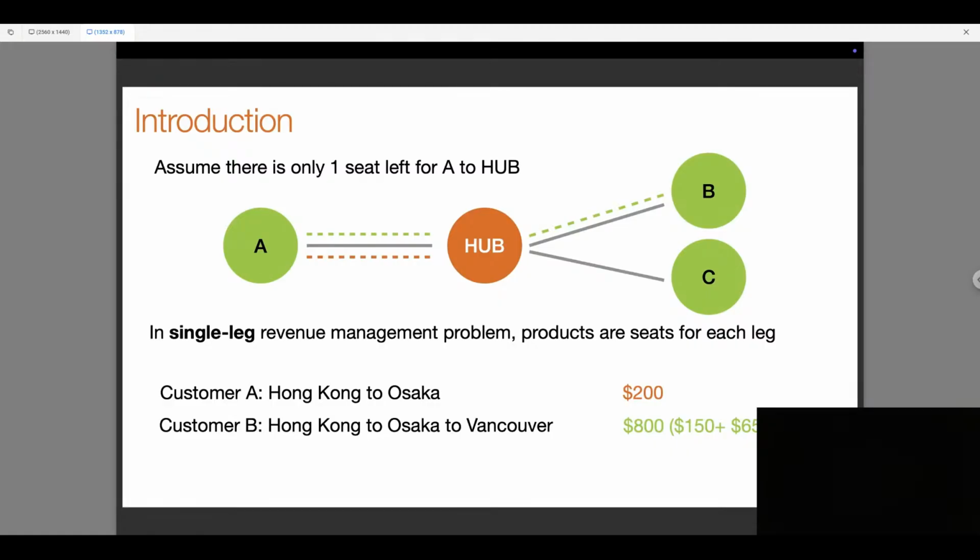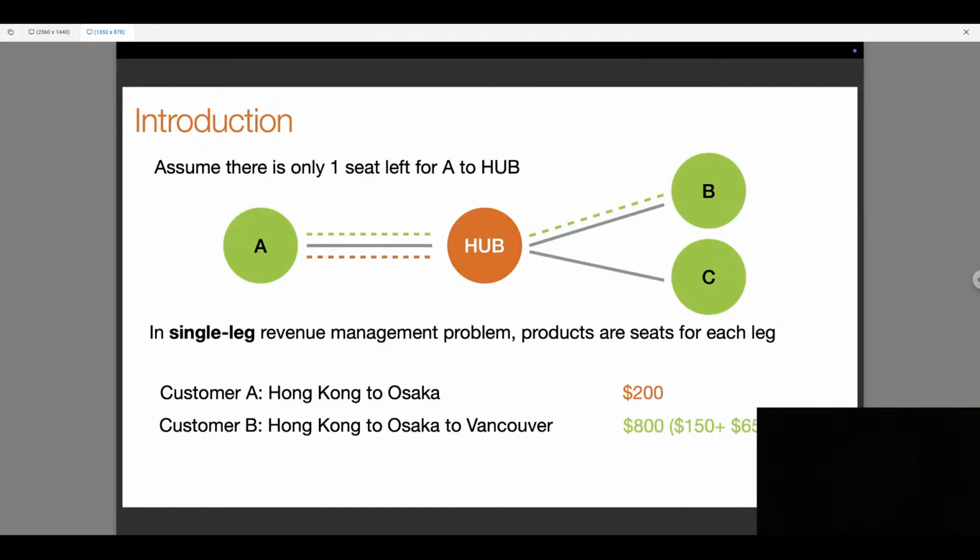The price is partitioned by the miles, partitioned by the distance.